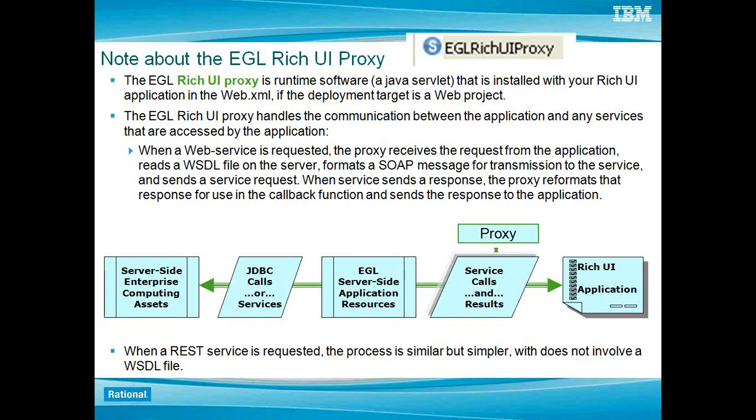Once you have deployed your application, we have a Rich UI proxy through which we are able to call, for example, web services or database calls. Inside of a Rich UI application, we have a proxy enabled that facilitates communication between the handler and the application server.